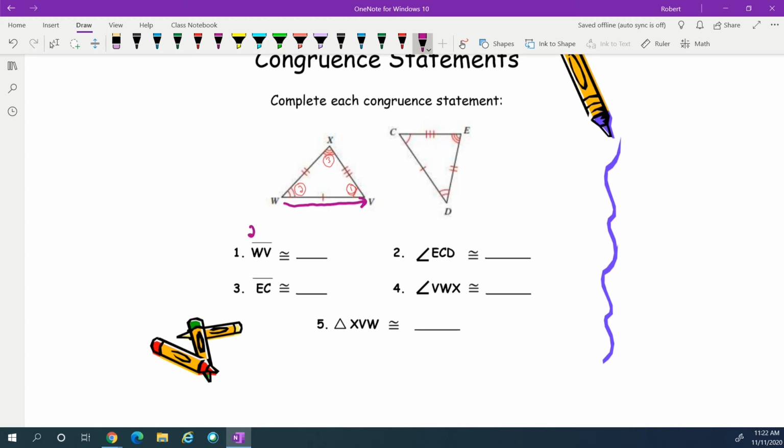They went 2, 1. I have to match that. It's side 1, so I already know it's CD, but I have to put it in the correct order. WV went from 2 to 1. I'm going to do the same thing from 2 to 1. So I have to match it with segment DC. The order has to be correct.